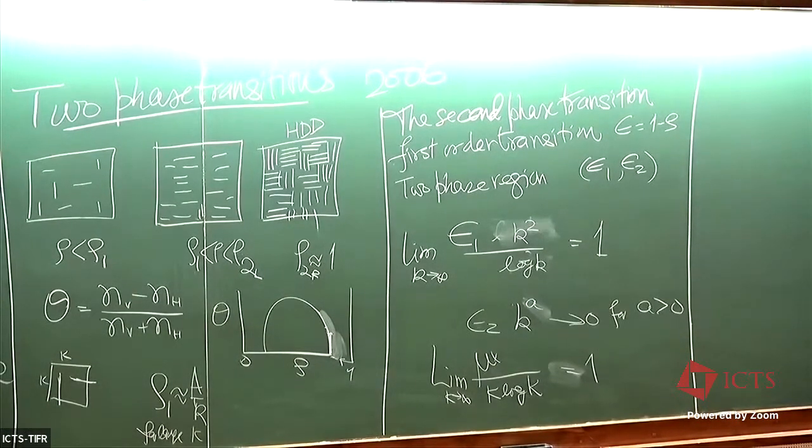In order to establish this result, we actually need something else before. We need to determine what exactly is the entropy of this dimer problem at full packing, if you take k-mers on the square lattice.